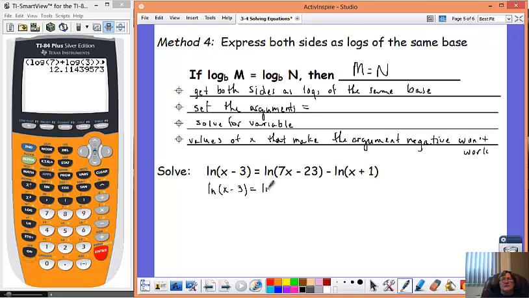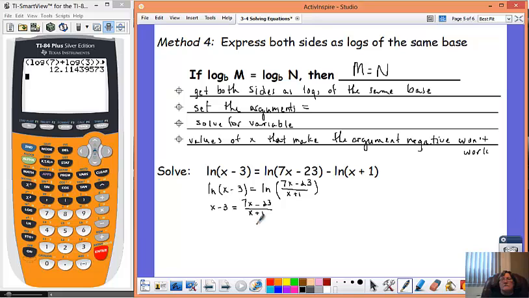So it's going to be the natural log of 7x minus 23 over x plus 1. Now we do have logs of the same base, so we can set the arguments equal to each other. x minus 3 will equal 7x minus 23 all over x plus 1.